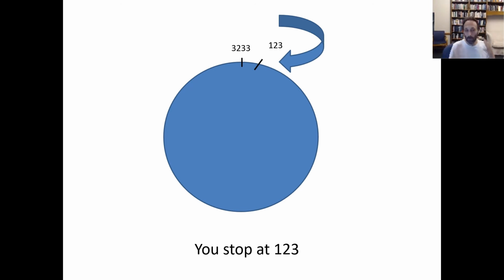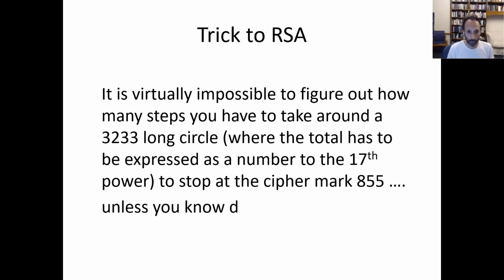Now, why does this work? The trick here is that it's virtually impossible to figure out how many steps you have to take around a circle that's 3,233 steps in circumference, where that number of steps has to be expressed as a number to the 17th power, and you stop at 855.